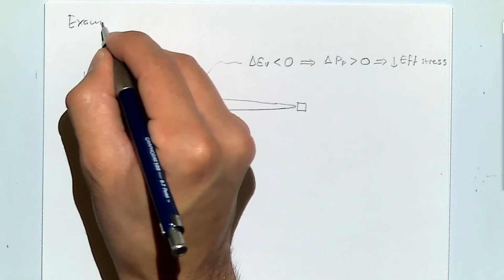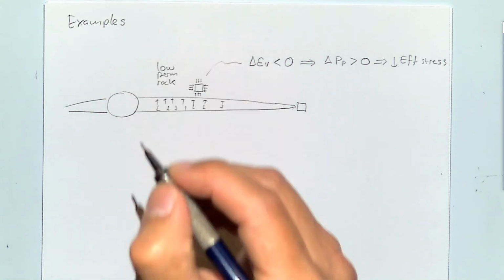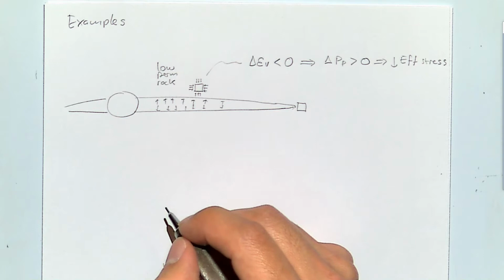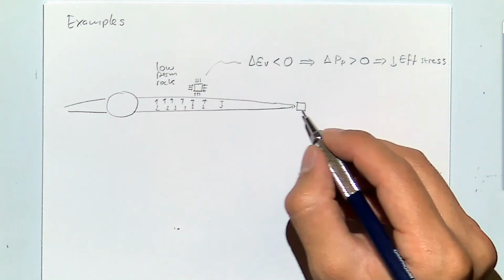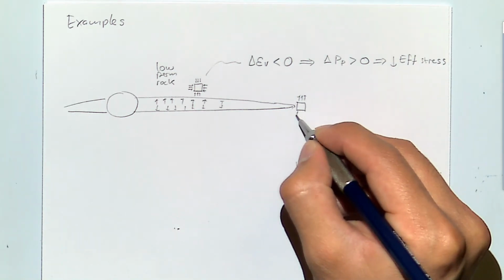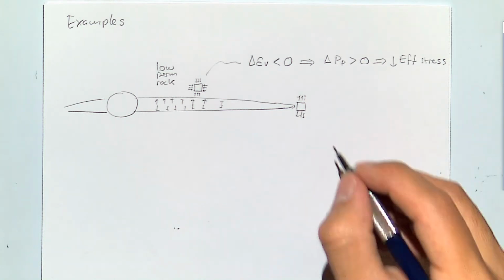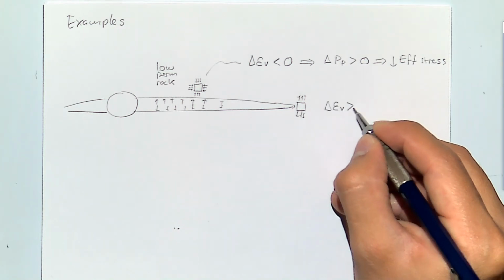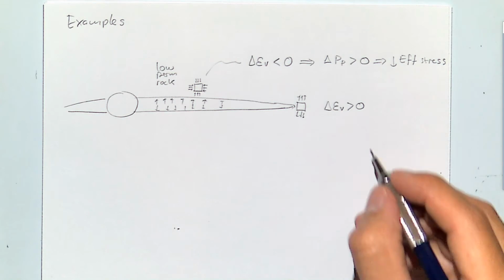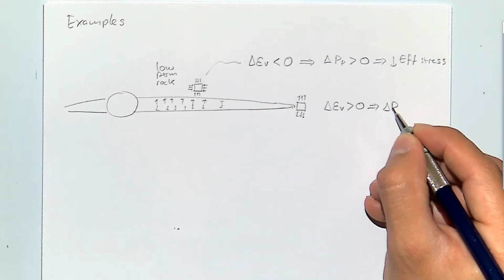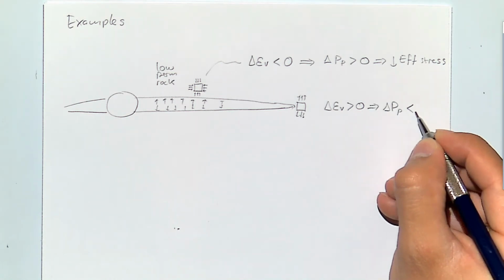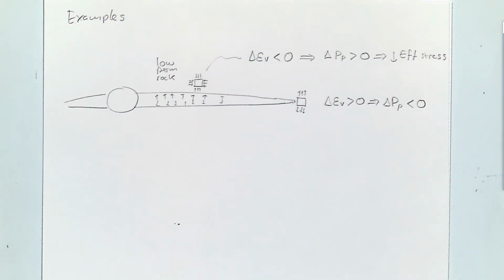Isn't it in tension? It's in tension. And if it is in tension, that means that the volumetric strain is going to get larger. If the volumetric strain gets larger, that means that the pore pressure is going to decrease.